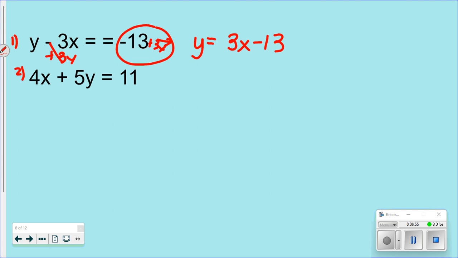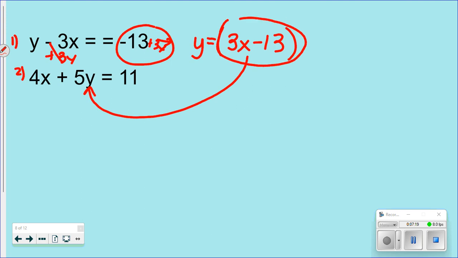Then, since I know my y's are going to be the same thing in both equations, and my x's are going to be the same number, I'm going to take this equation right here and see how it says y equals 3x minus 13? I know that if y equals this, it equals the same thing here. So I'm going to take this whole thing and put it in for y down here.